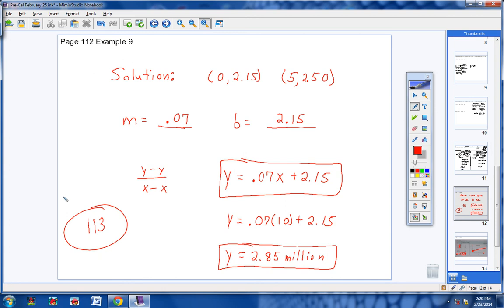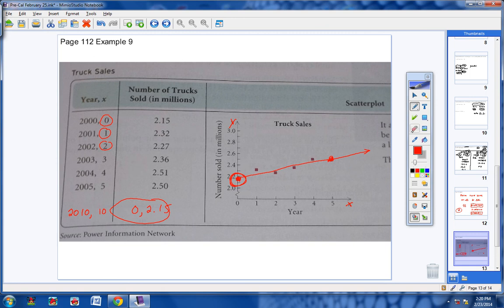What that does for you is it takes all of these ordered pairs right here that we talked about, and there's a formula called the least squares regression line formula, and it's a really, really hard, difficult formula to use, but your calculator does it for you. And if you look at the top of page 113, I apologize for not having this in the video where you can see it, but if you look at the top of page 113 to the left, the first yellow box, there are 5 yellow boxes going down the left side.